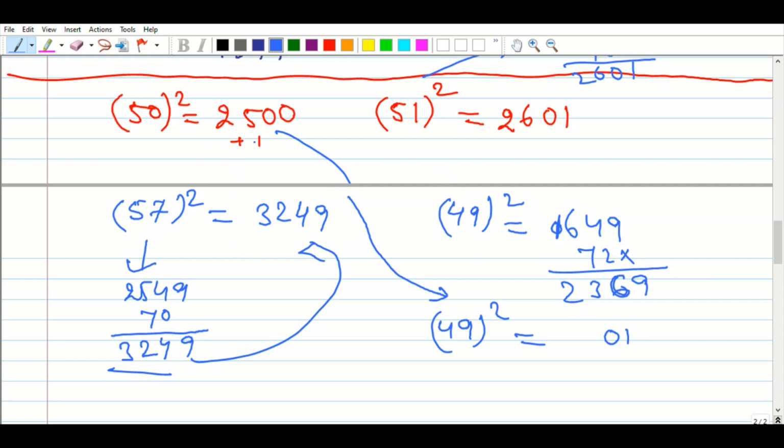Then 25 minus 1, what you get? 48. Okay, 25 minus 1, we get 24, which is correct.